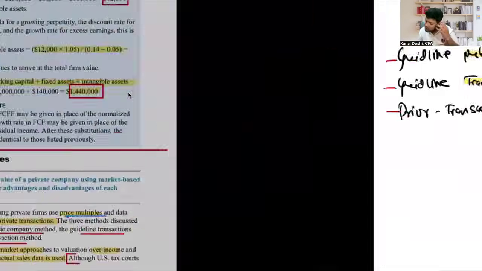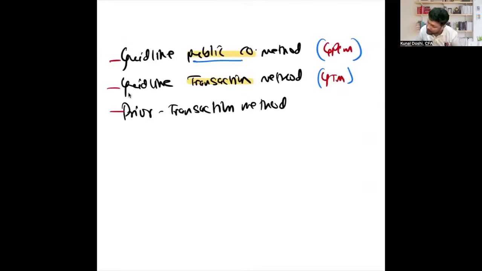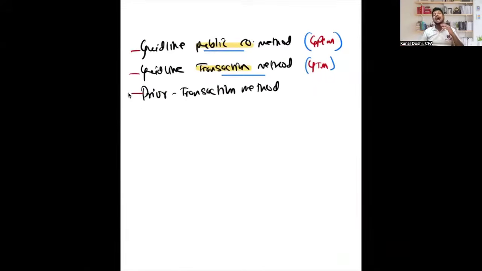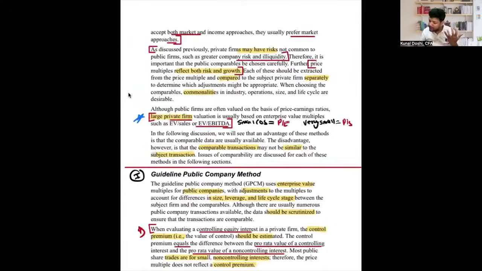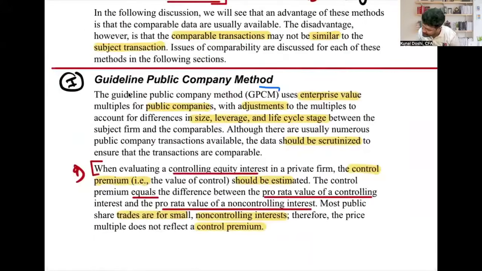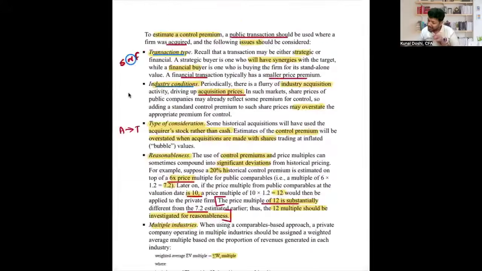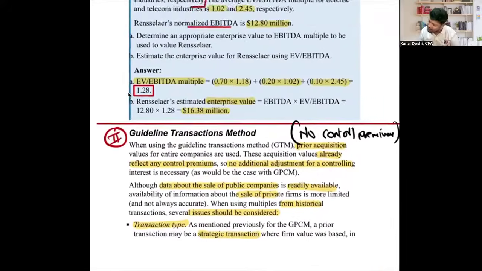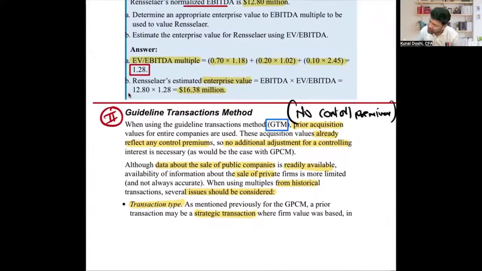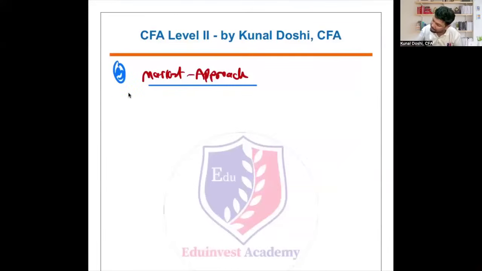So therefore we use the guideline public company method, GPCM, and the guideline transaction method, which is based on past transactions. And then there is one more method, which actually they have erased right now, the prior transaction approach.